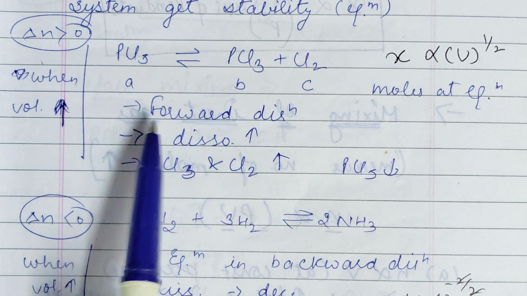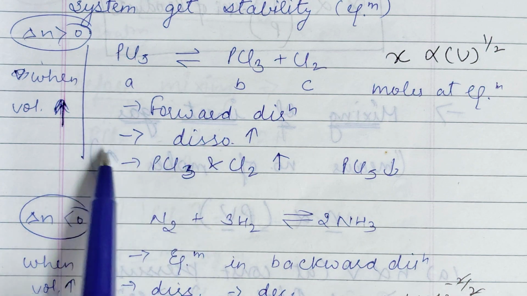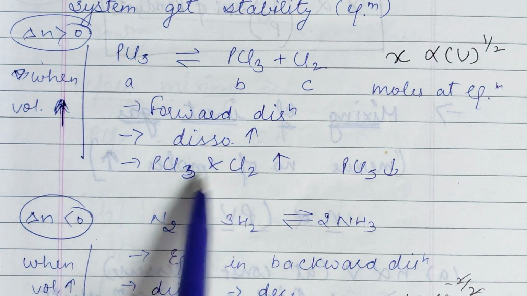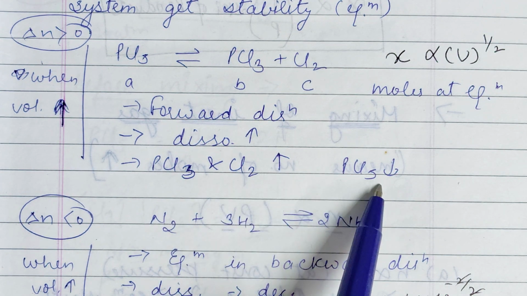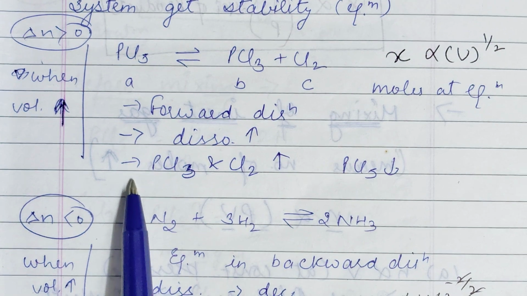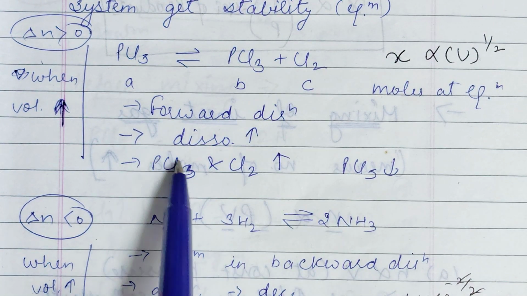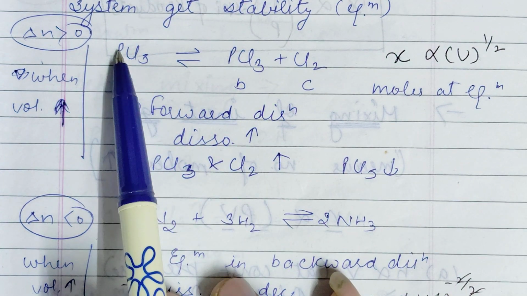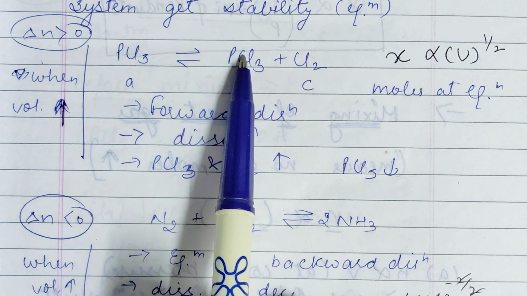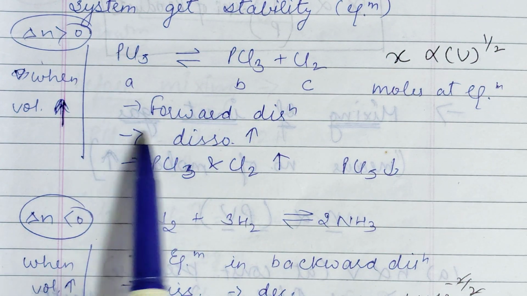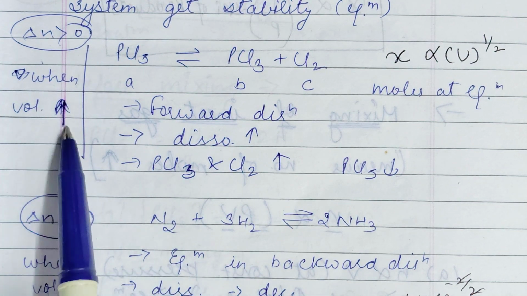So when volume increases, the reaction goes in the forward direction, dissociation increases, PCl3 and Cl2 increase, and PCl5 decreases. Dissociation increase means the reaction goes forward. So this is the forward direction when delta n is greater than 0 and volume V increases.